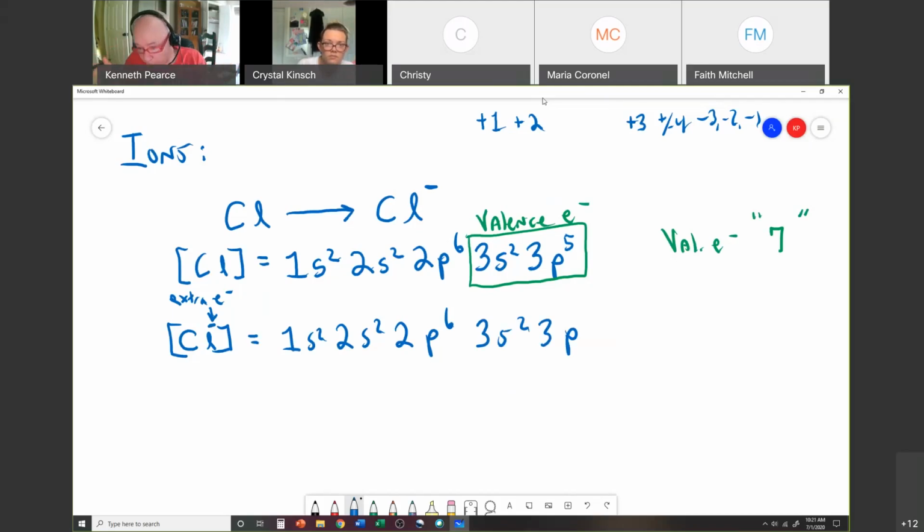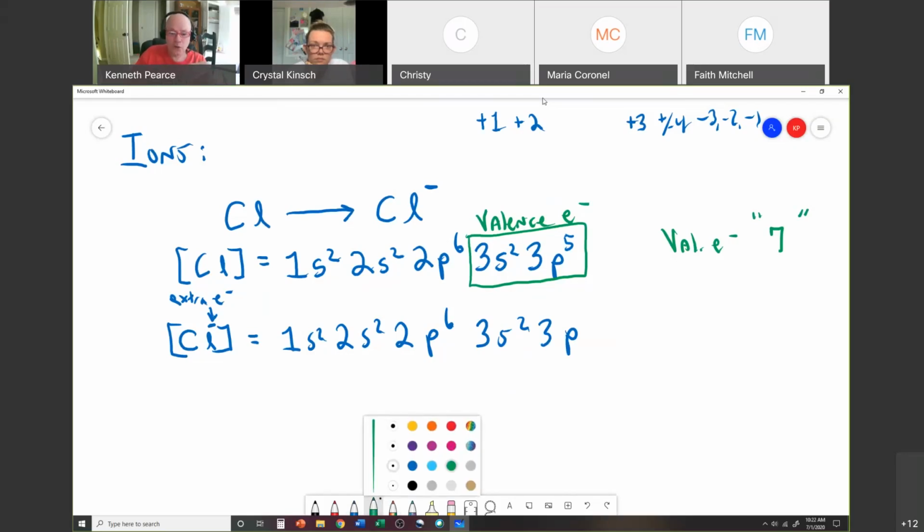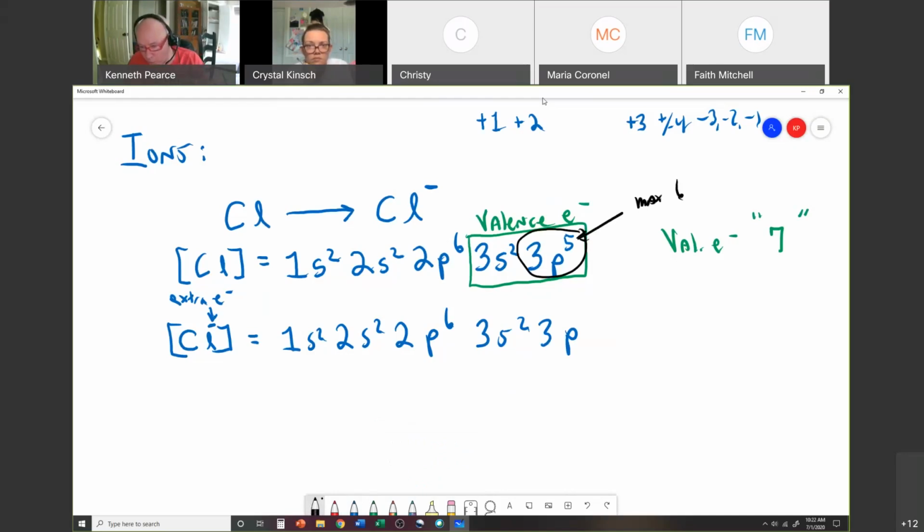Now here's the important part. It's not just that we add it in; there's more to it than that. If you add an electron, it goes into the next open spot. Where's the next open spot? The next open spot is right here with the 3p5. I've got room for what? One more. It can hold a maximum of 6, so there is room.